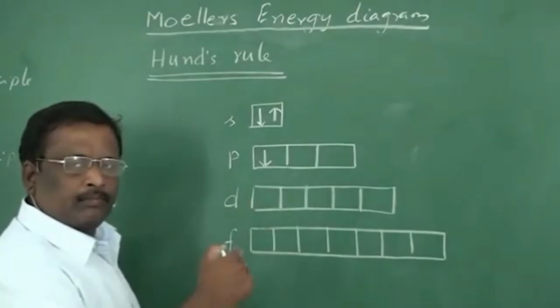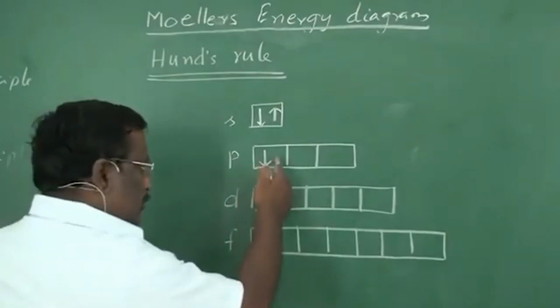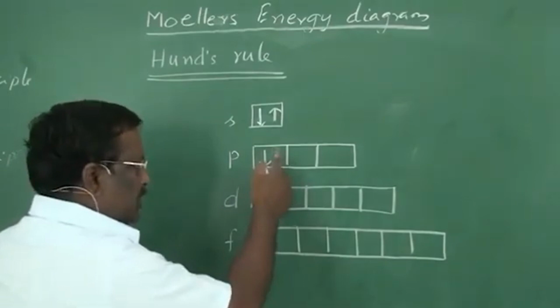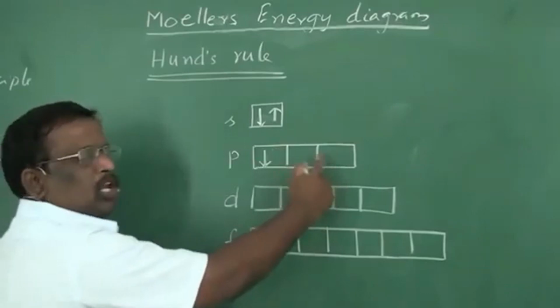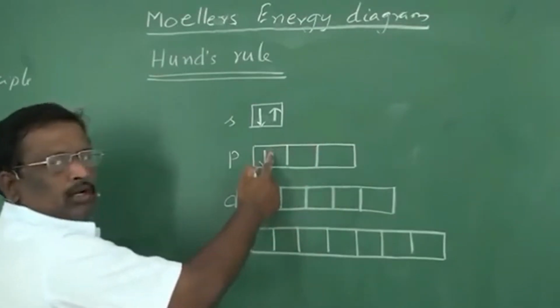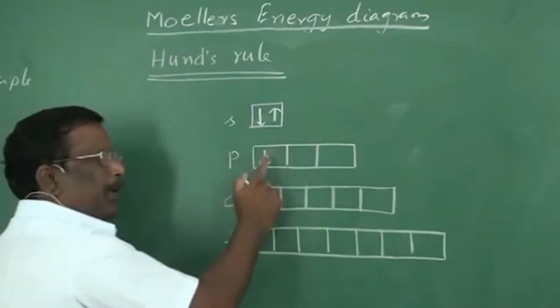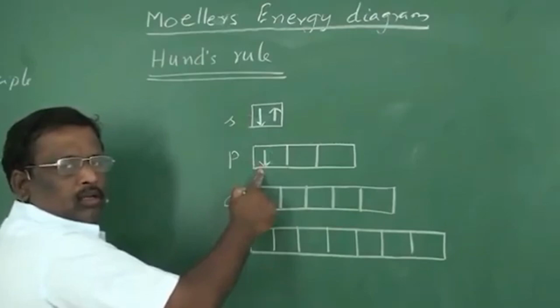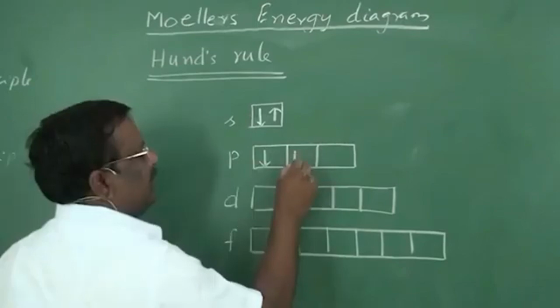Now, it seems this orbital can accommodate the second electron, but there are 2 more orbitals with the same energy. So the second electron will not pair with the first electron because these orbitals are empty. So the second electron will enter here.